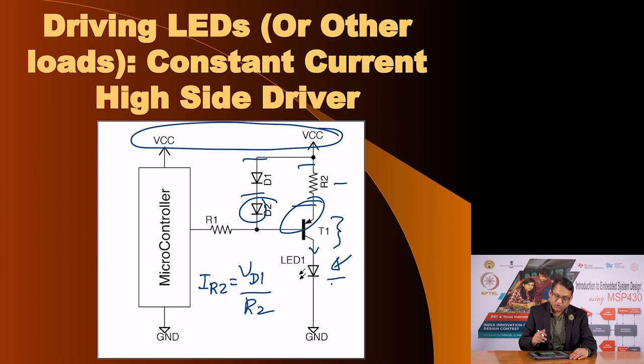In this case, it is a source. Why? Because the current is flowing from the positive supply into the load. So, this is the way to drive a load using a constant current source using a high side switch. In fact, this is not a high side switch, it is a high side driver, because transistor T1 is not being operated as a switch, it is in the active region.